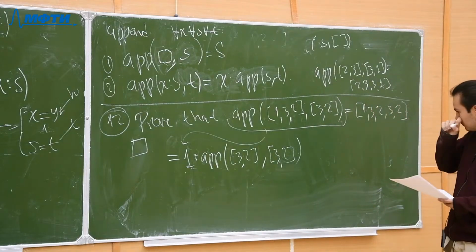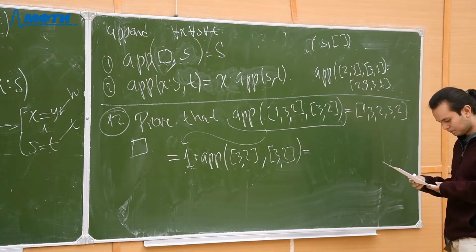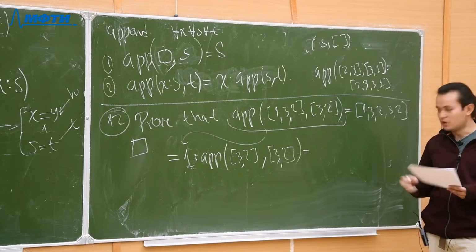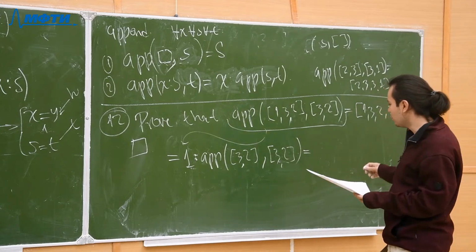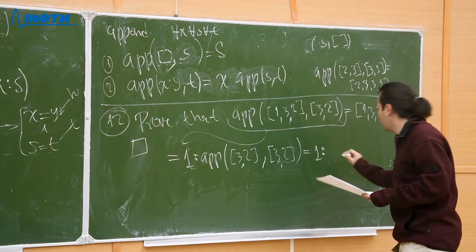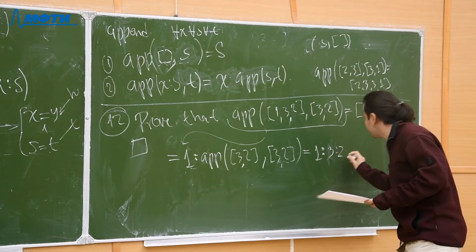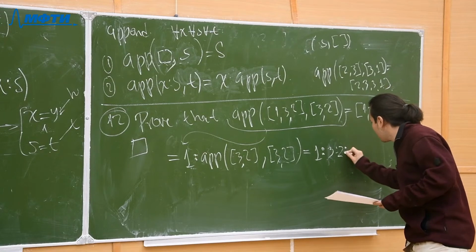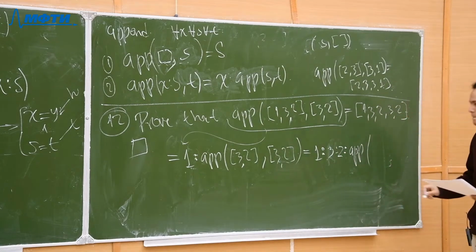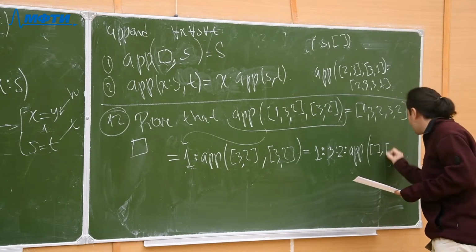And then we do exactly the same until we get the following: 1, we have 2, and then 3, and then we'll have 2 column append of the empty string and 3, 2.